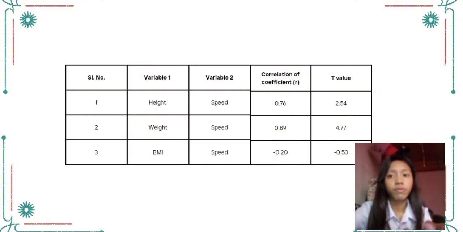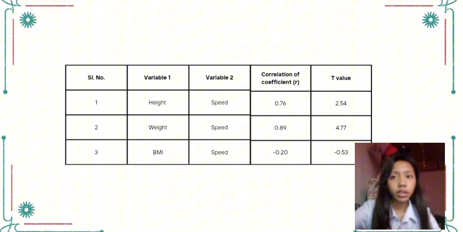The same goes for the R value of BMI, which is negative 0.20. We also fail to reject the null hypothesis. Next, if the absolute value of the calculated t-value is less than or equal to the critical value, then you fail to reject the null hypothesis.